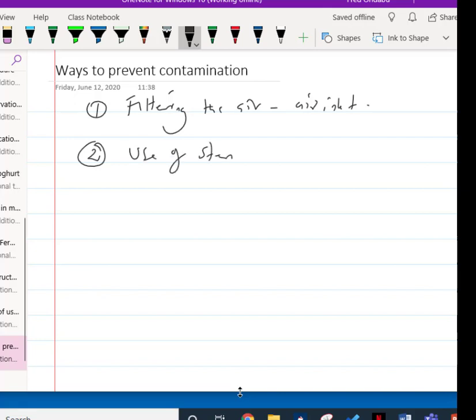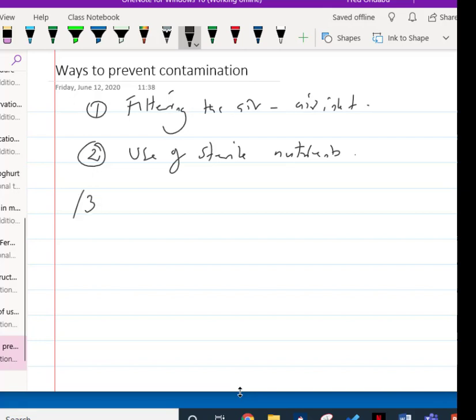This is to prevent contamination of the microorganisms within the fermenter that you require, and also to prevent contamination of the products.